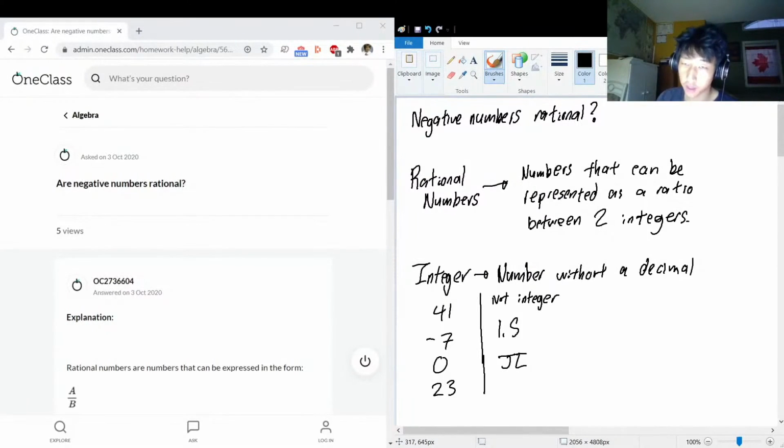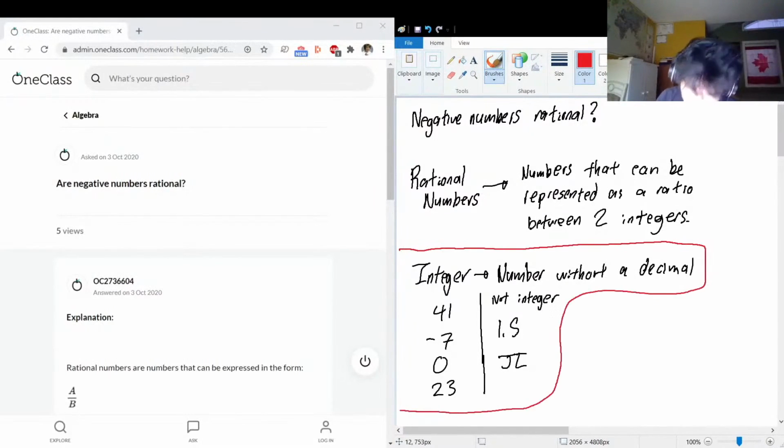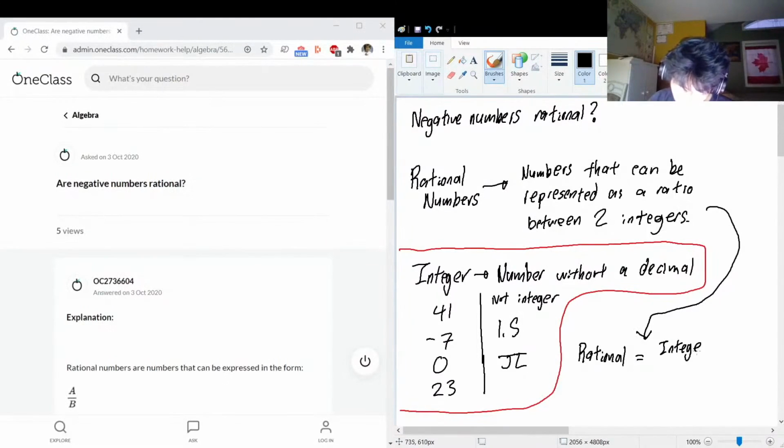So if a rational number can be represented as a ratio between two integers, I'll just square this off. It's kind of like a separate idea. A rational number is basically something where you're able to find rational equals integer over integer.